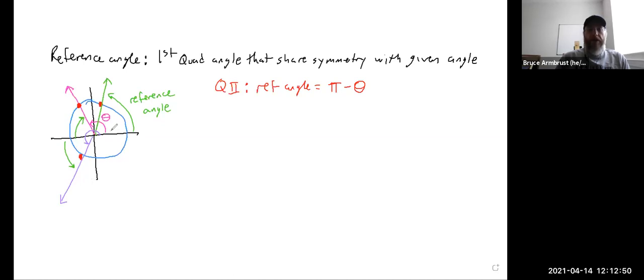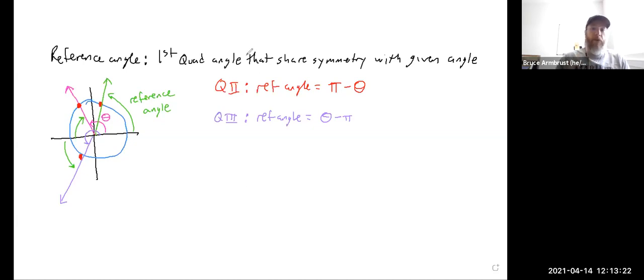So what I know is that if I take pi and I add my reference angle, I'm going to get the angle that I started with. So if we use that, we find out that in quadrant 3, the reference angle is going to equal theta minus pi. If we remove that half rotation, what's left is our reference angle.